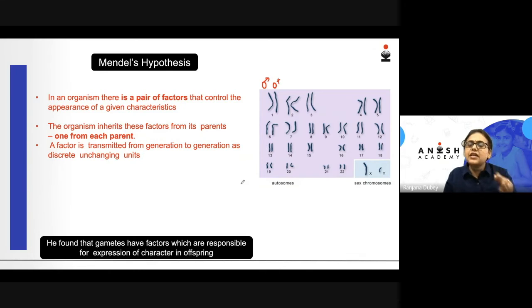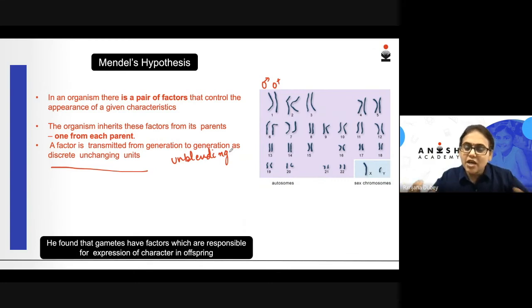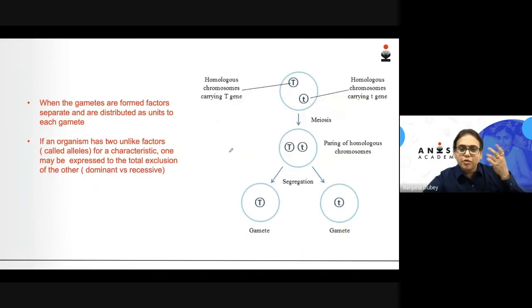And that factor is getting transmitted from one generation to the next generation as discrete, unchanging units or completely unblending units. Means they do not undergo any kind of blend in them, mix in them, or cut in them, or deletion in them, or any kind of an addition in them. It is transferred as it is to the next generation, is what was told by Mendel in his hypothesis.